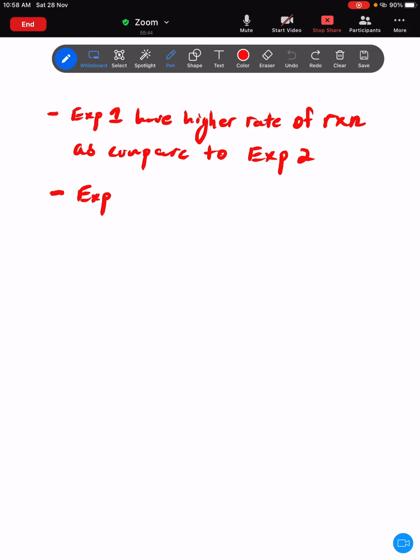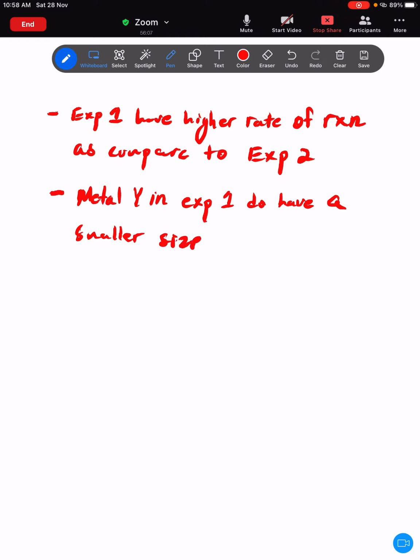Okay. Jadi kita betulkan sikit dia punya ayat. Metal. Why in Experiment 1 does it have a smaller size, am I right? Size with larger surface area.